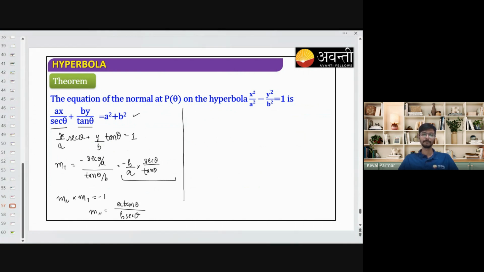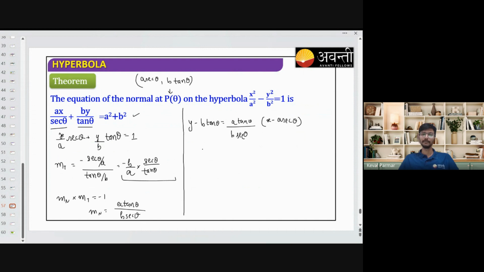So p theta means the point is a sec theta, b tan theta. So y minus y1 is equal to slope m into x minus x1.